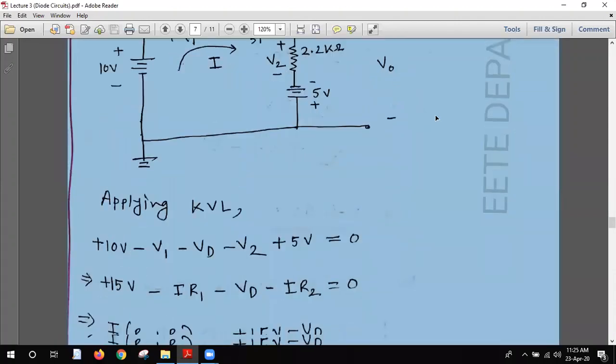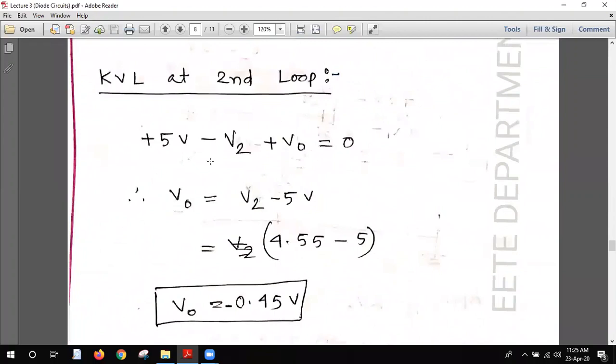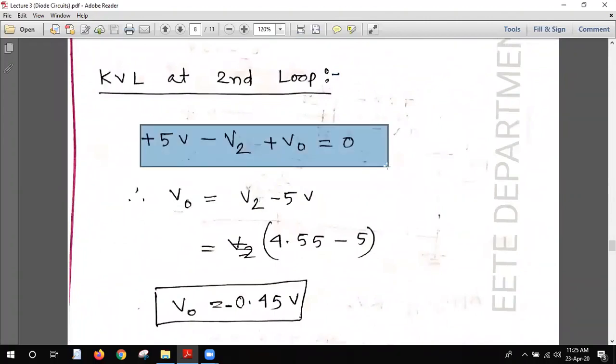Plus 5 volt minus V2 plus V0, something like that. That is the KVL.